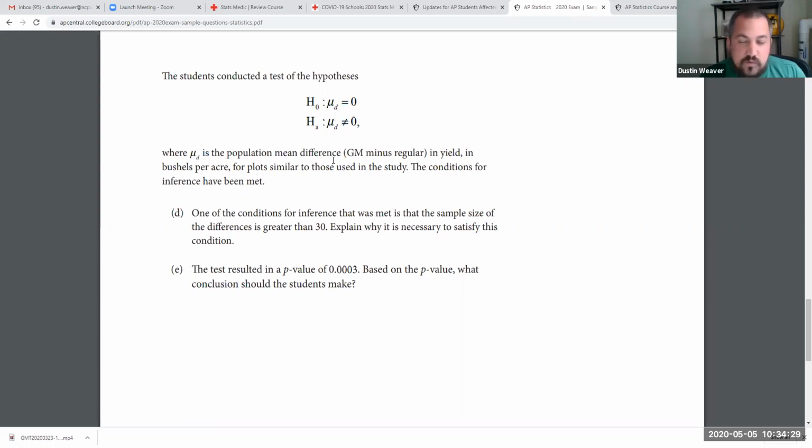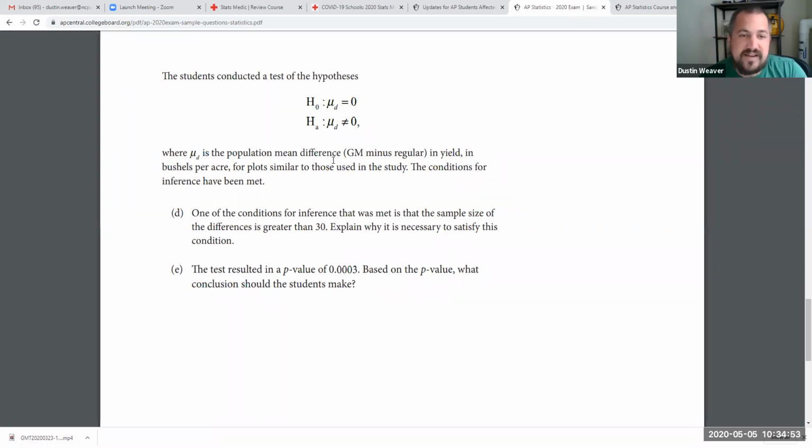So we're going to say, one more time, because the p-value of 0.0003 is less than any reasonable significance level, we reject H0. There is sufficient evidence to suggest that the population mean difference in yield in bushels per acre for plots similar to those used in the study is different.